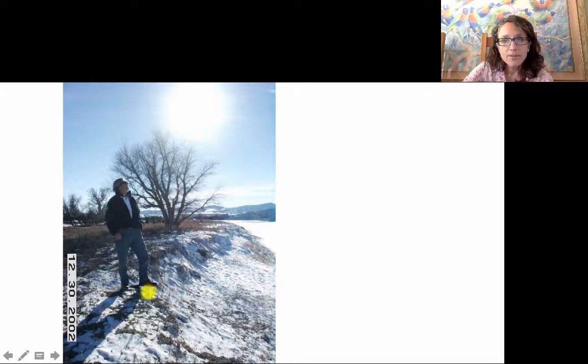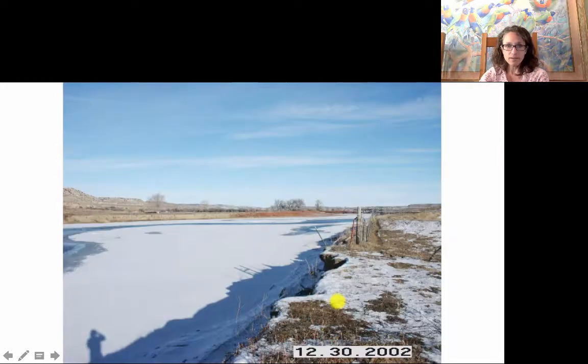This was a cross-section that Colorado Parks and Wildlife and we were surveying, and we came back out to find them to get ready to do another survey, and discovered that the bank had moved so much that the pin was now right on the edge of the river, where it previously had not been. Just upstream from that, there's a fence, and you can see this fence is right at the edge of the river.